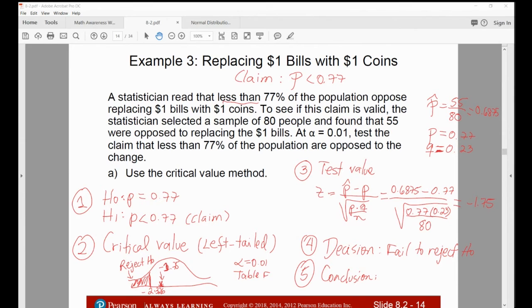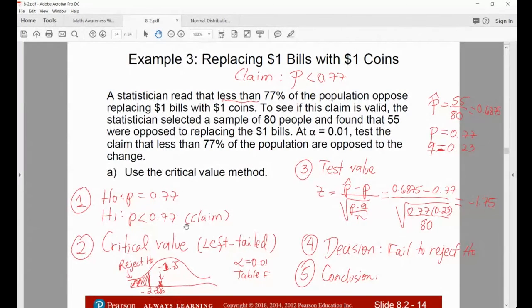Very good. We cannot support the claim because the claim is the alternative in this example. And we fail to reject the null hypothesis. We cannot reject the null hypothesis. So if we cannot reject this one, it means we have to stay with this one. We cannot support the alternative. We cannot support the claim.